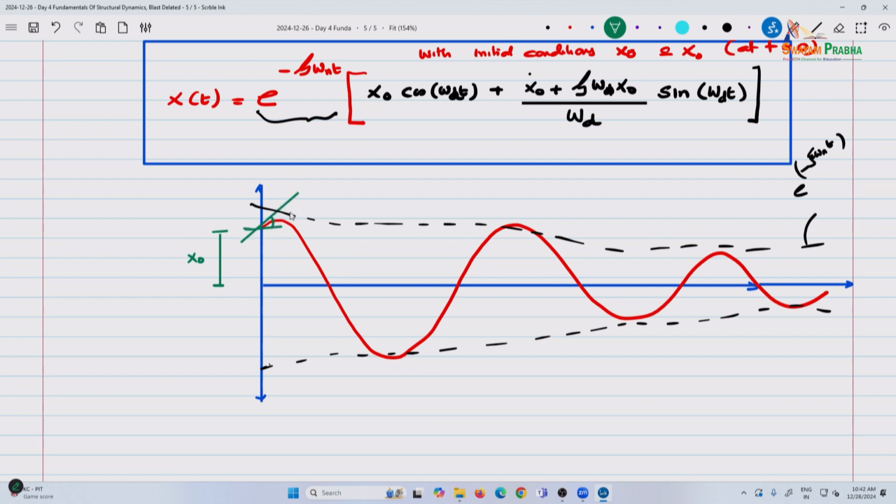The initial slope, again, this was your initial position and this is your initial velocity. And omega d, this is the damped circular frequency. And the damped circular frequency is given as omega n multiplied by the viscous damping factor.